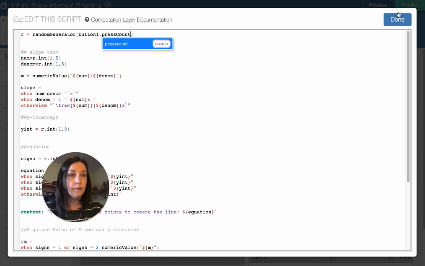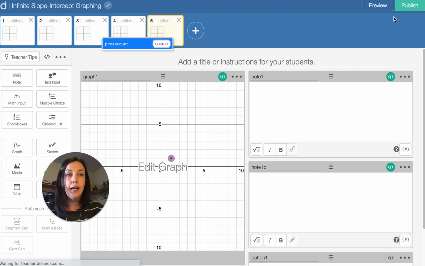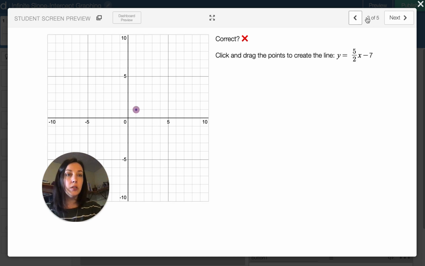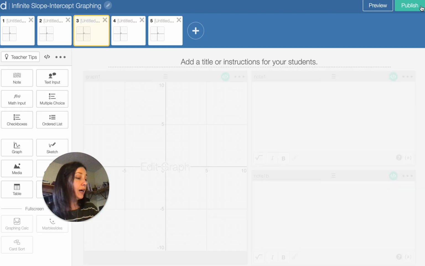That's it. Now, when they preview, every student gets their own unique equation for each screen, but then screen 5 is whatever you want to do here. Okay, wow, you know what? That was a lot of fun.